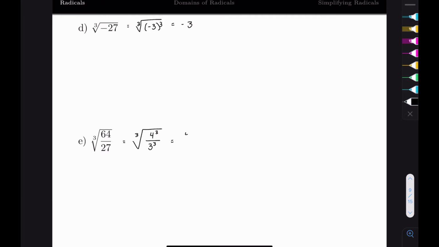So what we can actually do is remember one of our properties of exponents from way long ago, is we can distribute that power over a fraction. So this is really 4/3 to the third power. And again, the third power and that cube root cancel. So we end up with 4/3. Okay. In reality, what we're going to see in the next section is you can go ahead and take the radical on each of these pieces and still lead to 4/3.